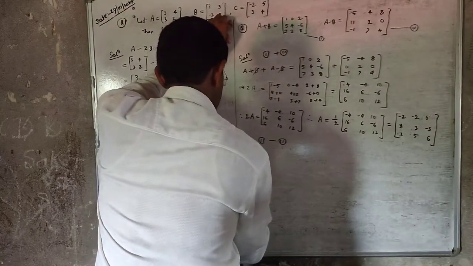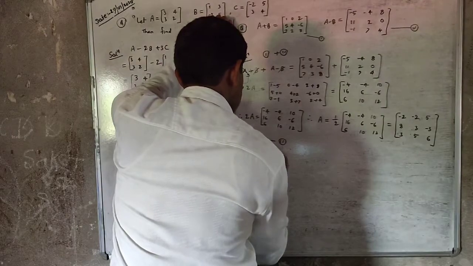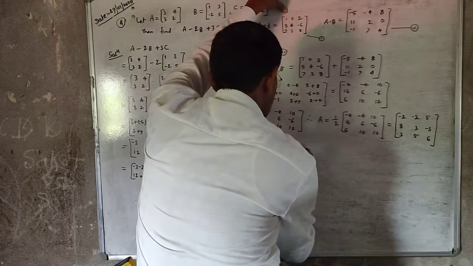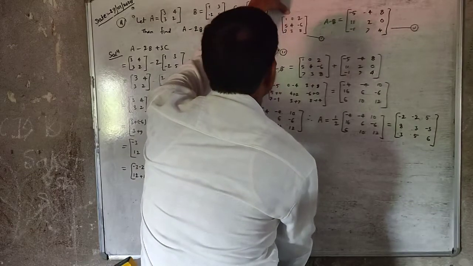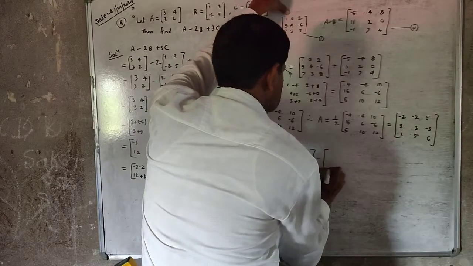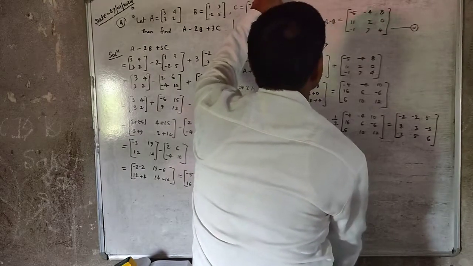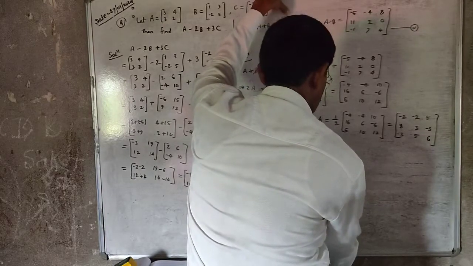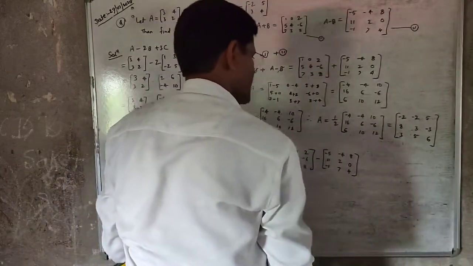Then the LHS gets A plus B minus A plus B, and the RHS gets the subtraction of two matrices: 1, 0, 2, 5, 4, 6, 7, 3, 8 minus -5, -4, 8, 11, 2, 0, -1, 7, 4. A and A will be cancelled.